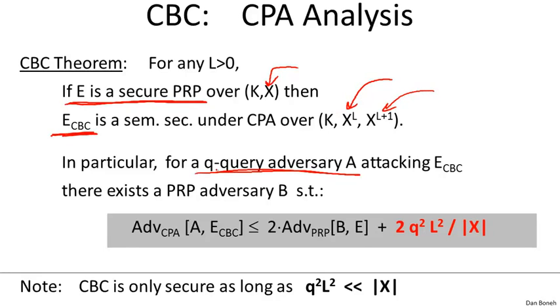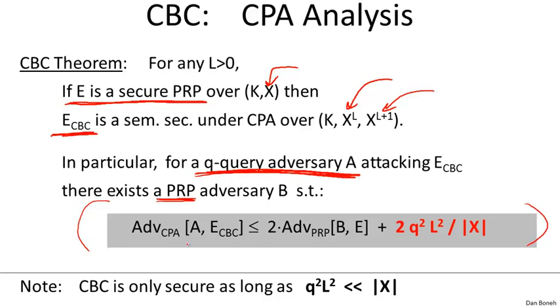Suppose we have an adversary that makes Q chosen plaintext queries. Then for every such adversary attacking eCBC, there exists an adversary attacking the PRP, the block cipher, with the following relation between the two algorithms.